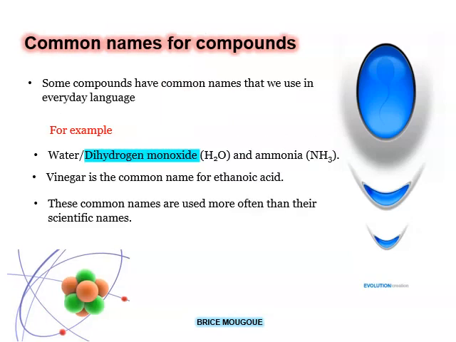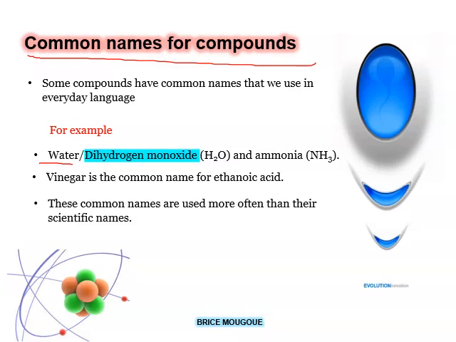Compounds have common names, and we use these common names in everyday language because they are more convenient. For example, water here. With water, we have no clue as to what elements are actually present.